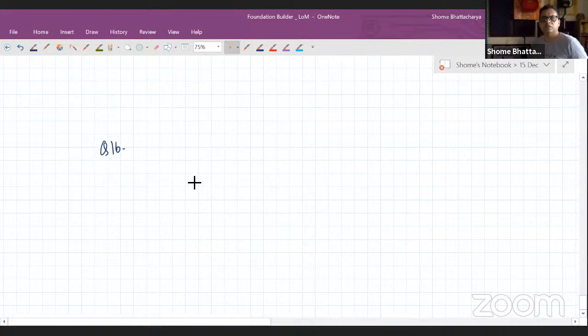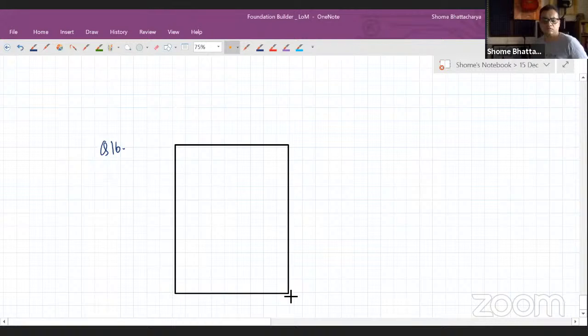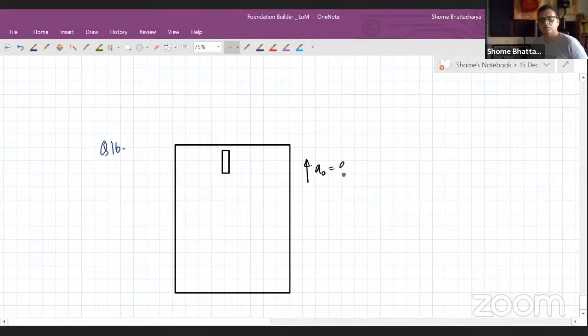Like this, inside an elevator we have placed this spring balance. The elevator itself is accelerating upwards at an acceleration of g by 10.